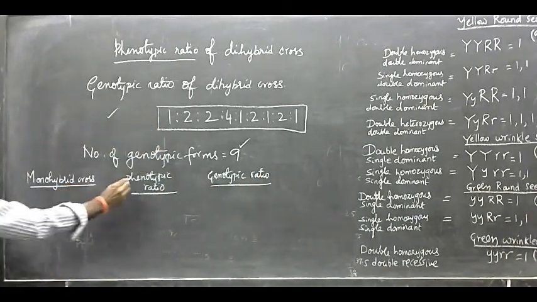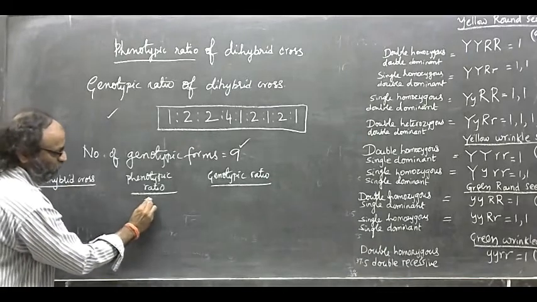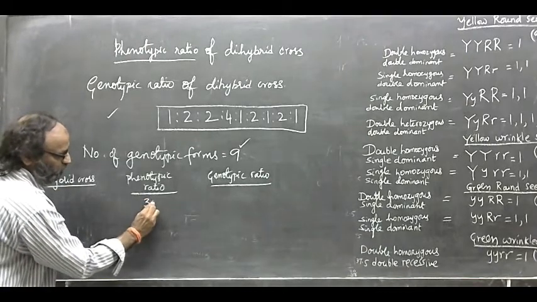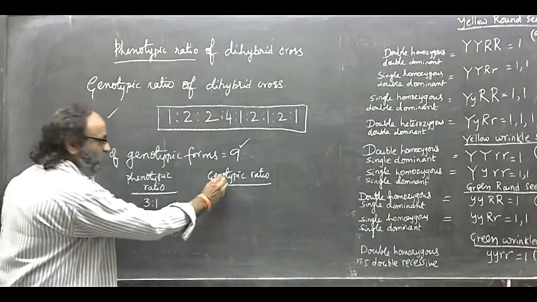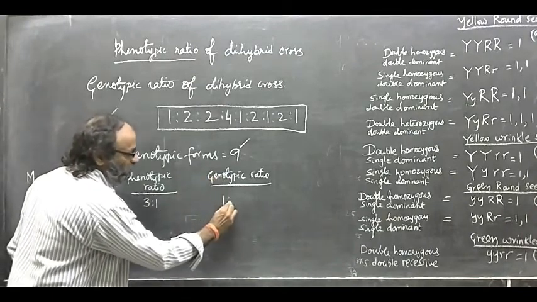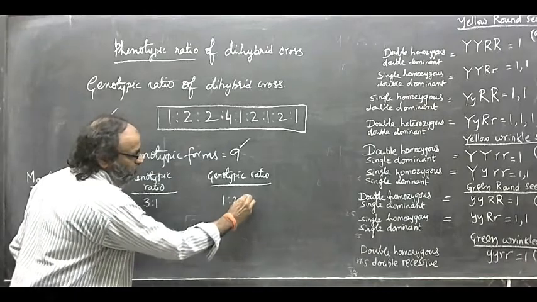The monohybrid cross phenotypic ratio is 3:1, we have studied. And the monohybrid cross genotypic ratio is 1:2:1.